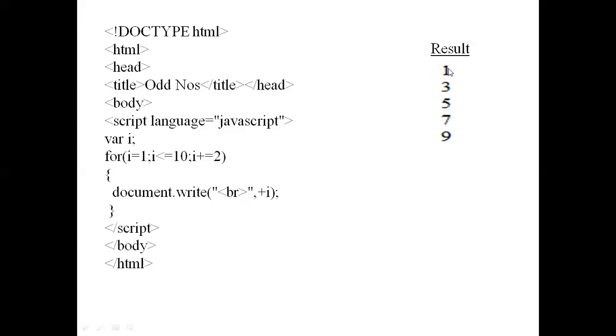I want 1 displayed, then 3 below, then below 3, 5. This is a sequence, so I have to put a break. That means the next number should come on the next line, and all the tags are to be enclosed in double quotes. So break you have to give, comma, and plus i.